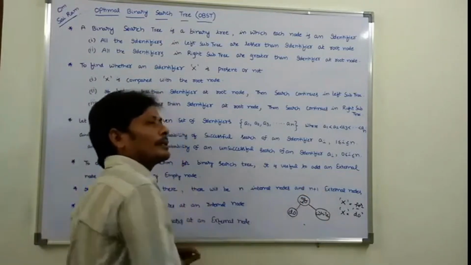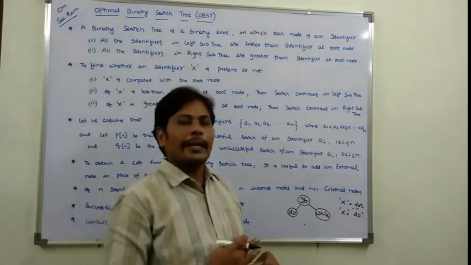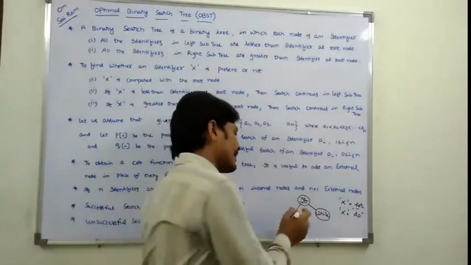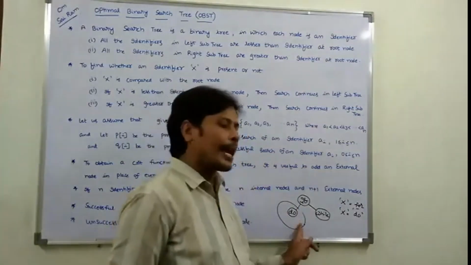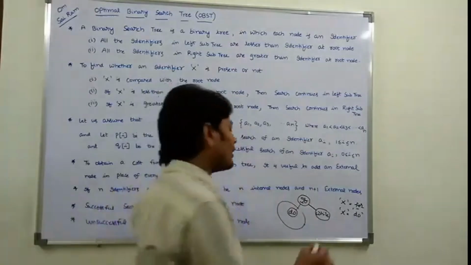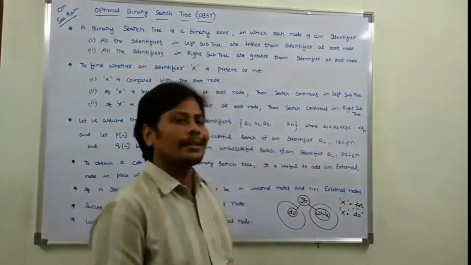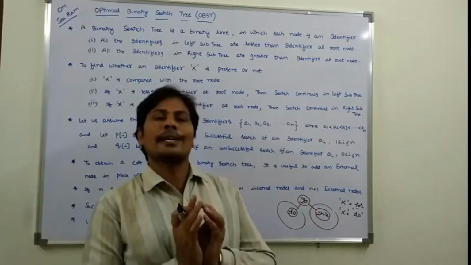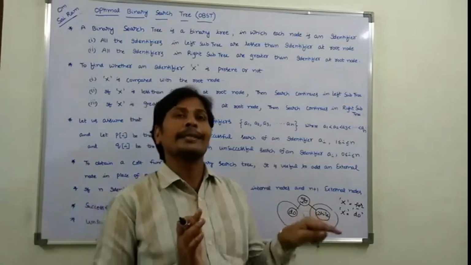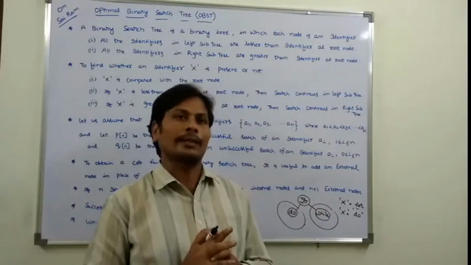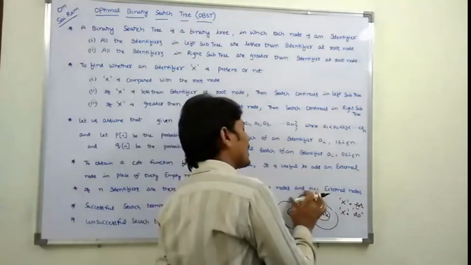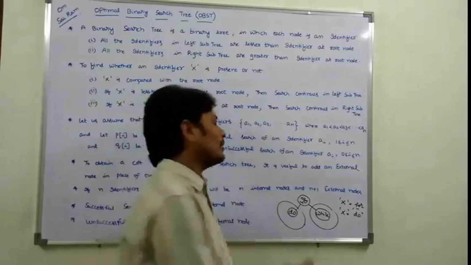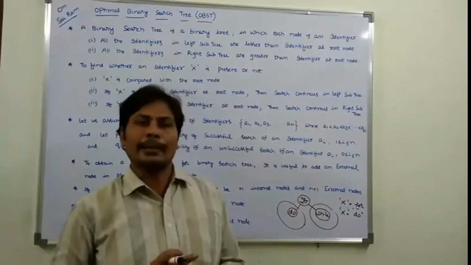In this way, a binary search tree is a binary tree in which the identifiers are stored. All the identifiers on the left-hand side are less than the identifier at the root node, and all the identifiers in the right subtree are greater than the identifier at the root node. Suppose we want to search for a particular identifier to see whether it is present in the binary search tree or not. First, this identifier is compared with the root node. If it is greater than the identifier at the root node, the search continues at the right subtree.